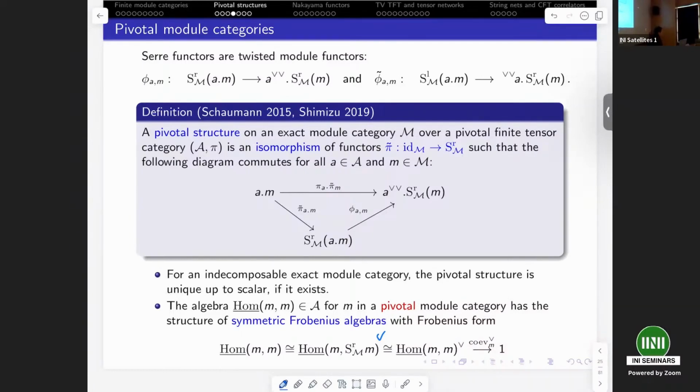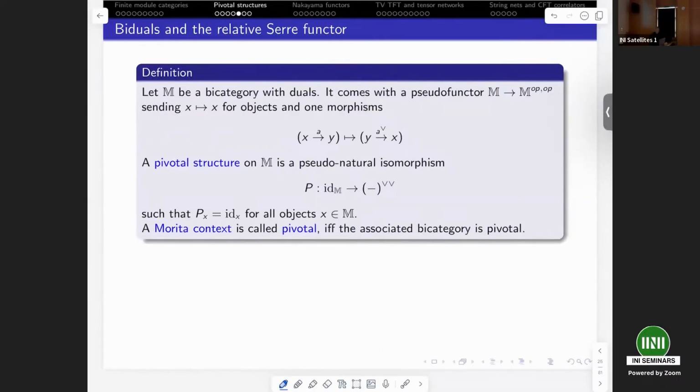So trivializing the relative Serre functor is the source of Frobenius algebras. And Frobenius algebras are very nice things if you want to construct certain things in topology and applications. So this is here. Let's put this a bit into context.